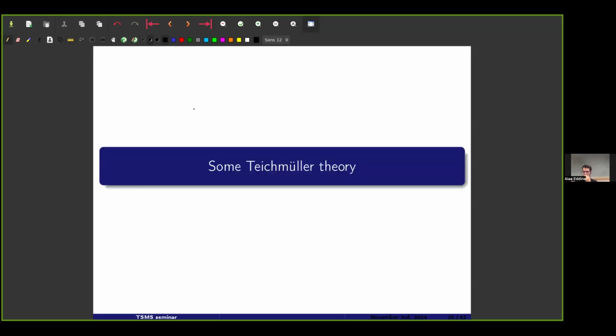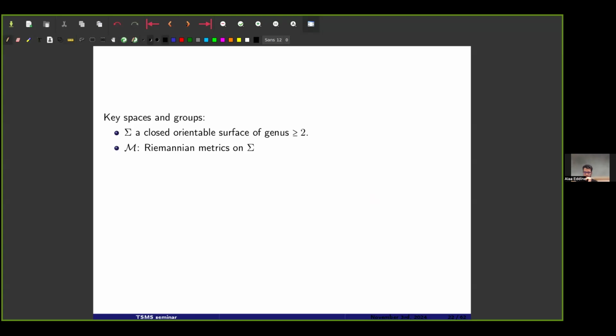Okay, so now I will go back to the Teichmüller theory. From now on, I will talk only about higher genus surfaces. Take a closed orientable surface of genus greater or equal to 2, and take the space of all Riemannian metrics, and we will take also the Riemannian metrics of curvature -1.